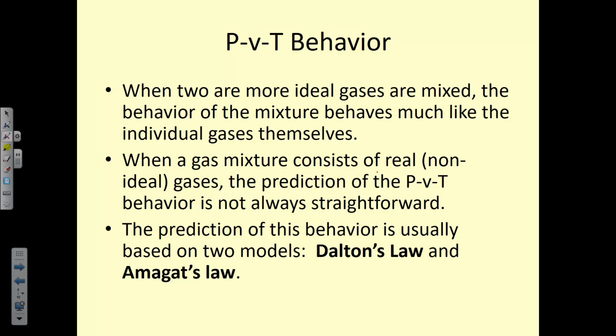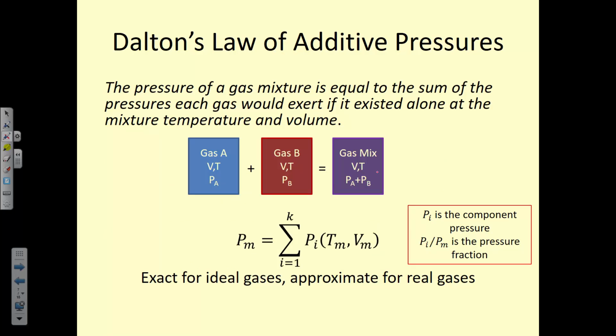But if we have non-ideal gases, we sometimes have to use two different laws, Dalton's law or Amagat's law, in order to find a better approximation for the behavior. If you're mixing an ideal gas with a non-ideal gas, or mixing more than one non-ideal gas together, the way that the molecules interact at different pressures sometimes causes interesting problems.